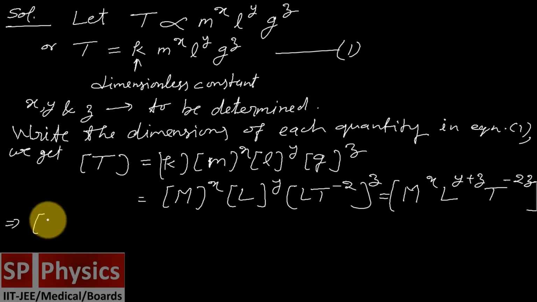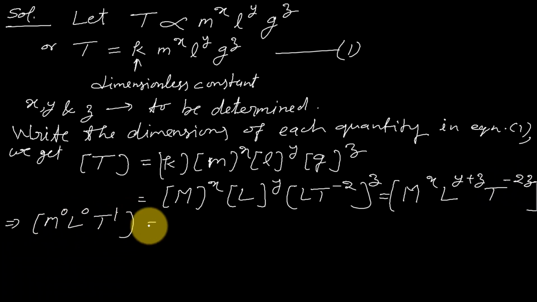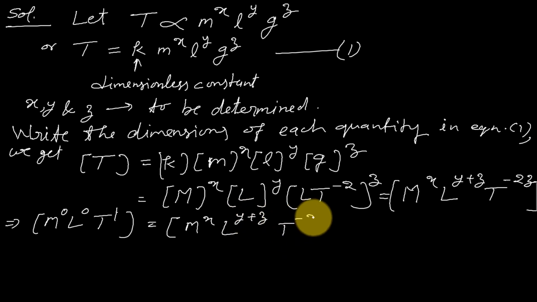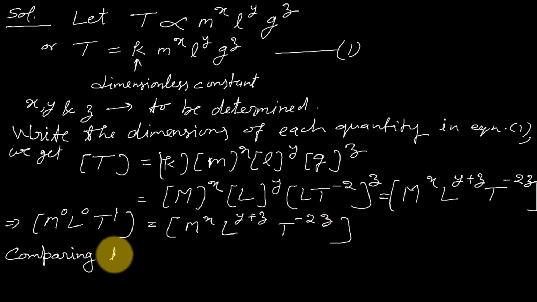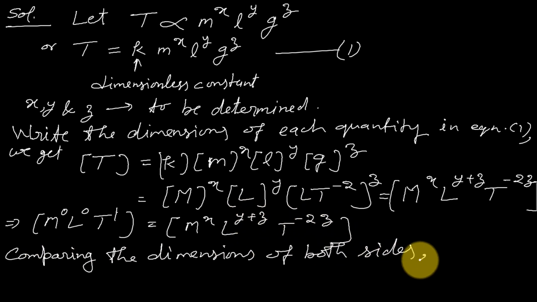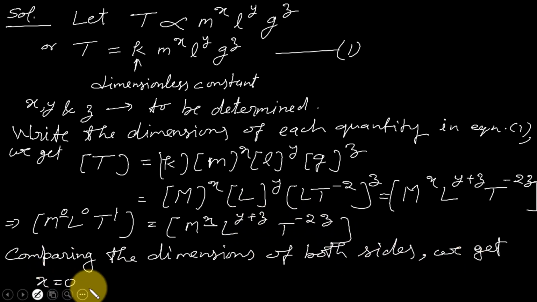We can also write it as M^0 L^0 T is equal to M^x L^(y+z) T^-2z. Now comparing the dimensions of both sides, we get the power of M in RHS is x and the power of M in LHS is 0. So x is equal to 0.